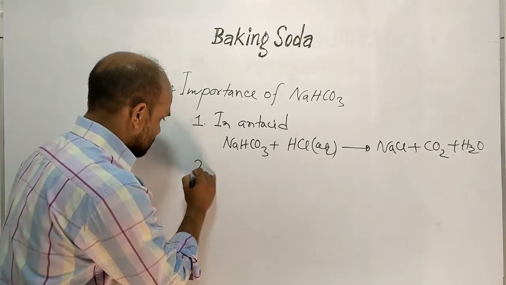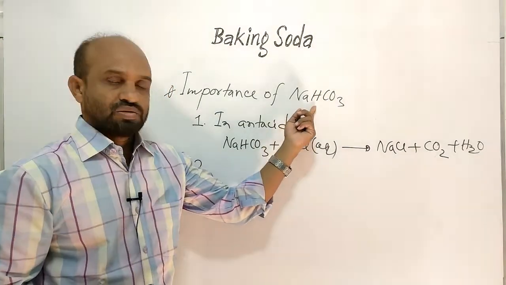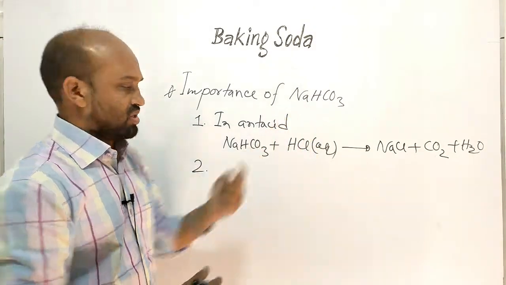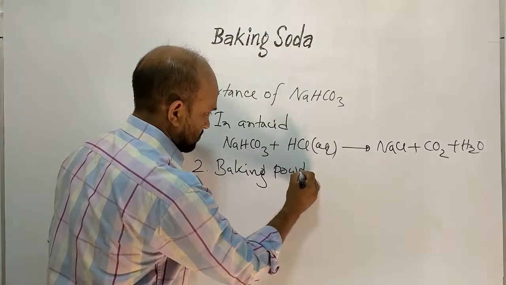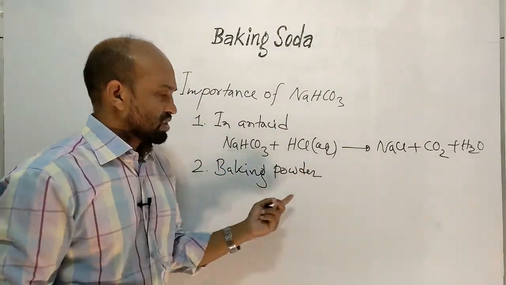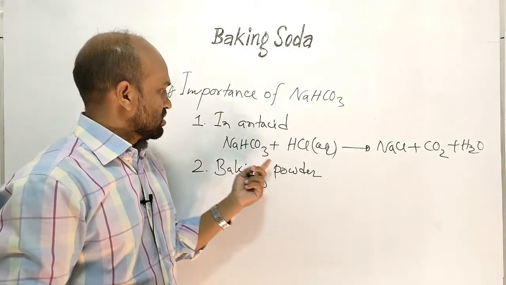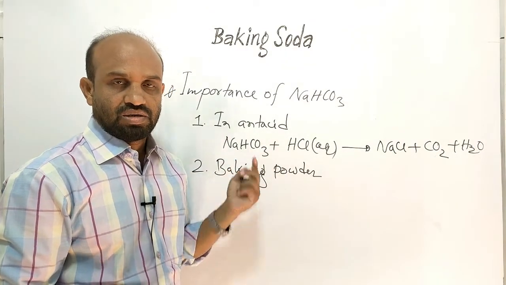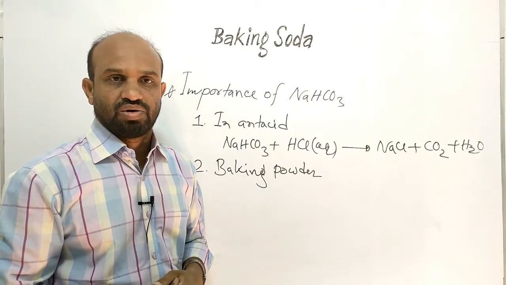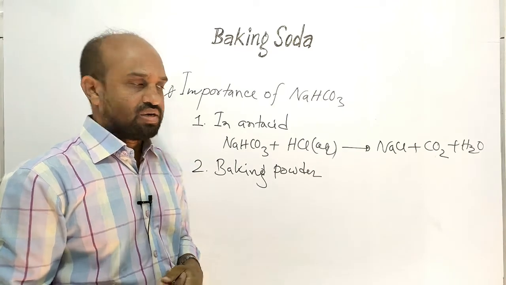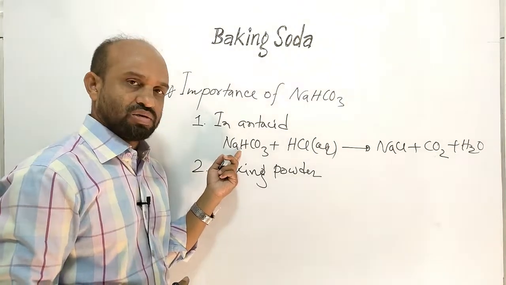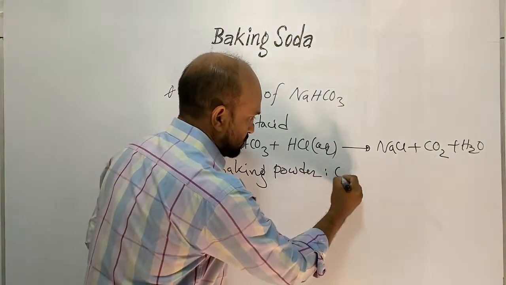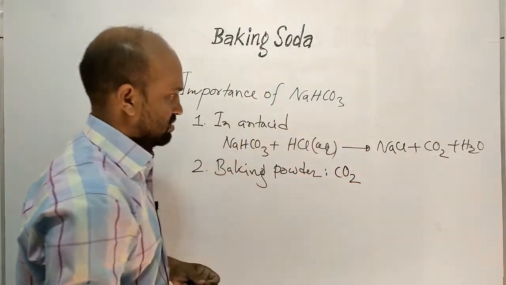Number two, sodium bicarbonate is used in baking powder. In baking powder, sodium bicarbonate is mixed with an acid like tartaric acid or acetic acid, where sodium bicarbonate reacts with this acid to produce carbon dioxide gas.